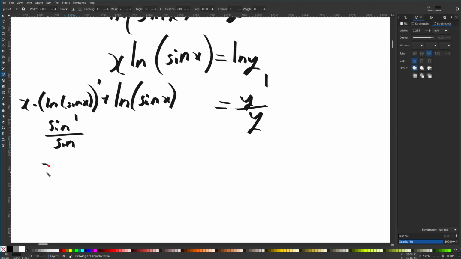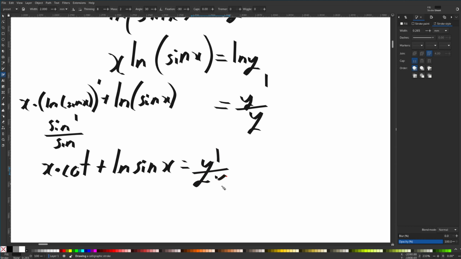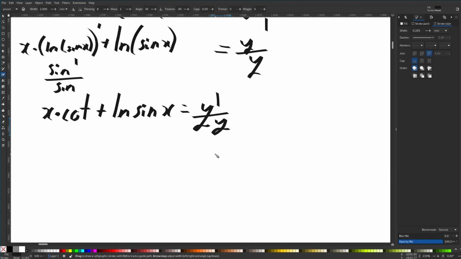So we have x times cotangent plus ln sine of x is the derivative of the left-hand side. And this is equal to y prime over y. Okay, multiplying both sides by y.